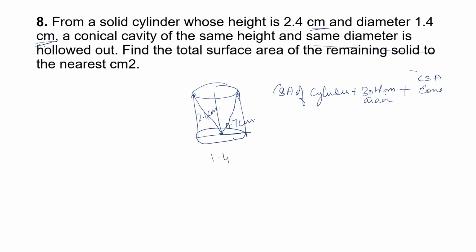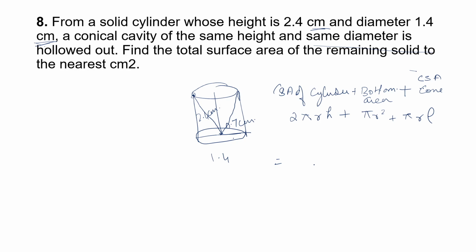If you calculate all these things, this will become 2 pi r h plus pi r square plus pi r L. Substitute all the values in this, you will get the answer.